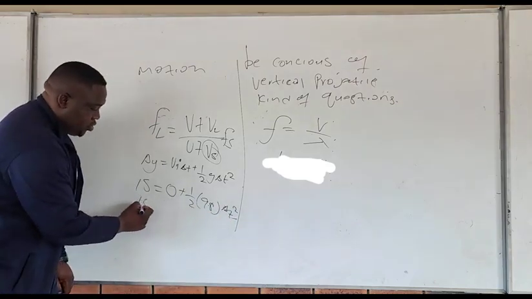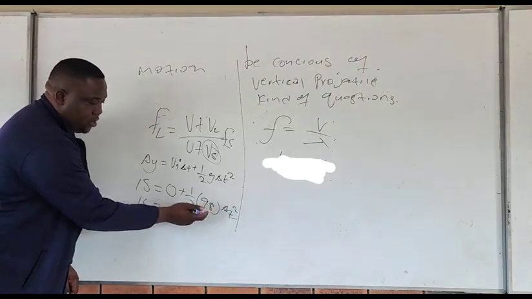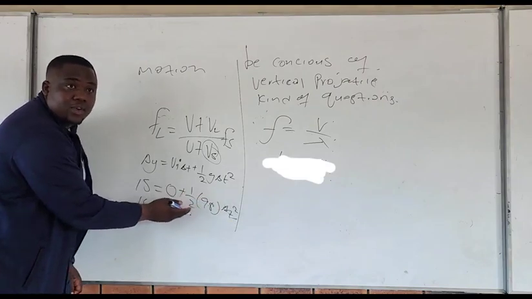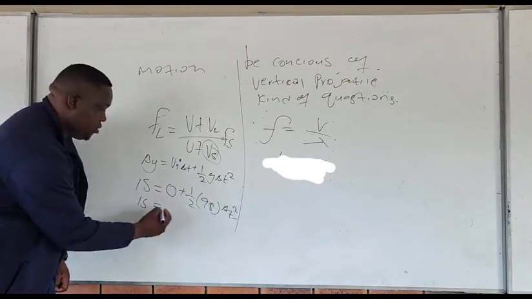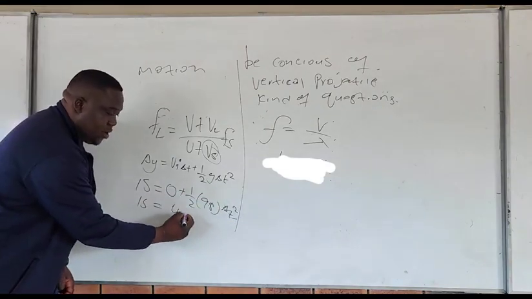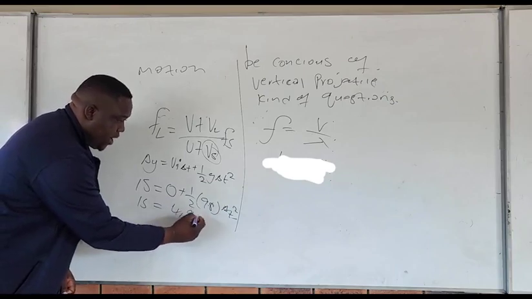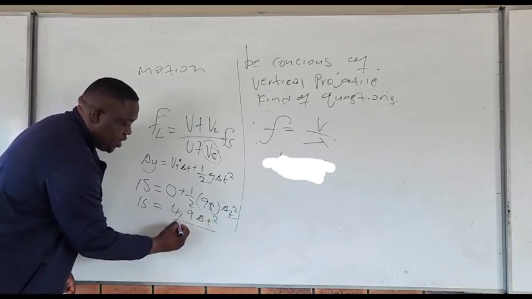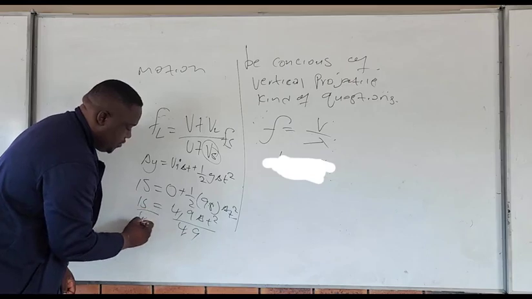15 equals 9.8 multiplied by 1/2, which is 4.9 Δt². Then we divide by 4.9.